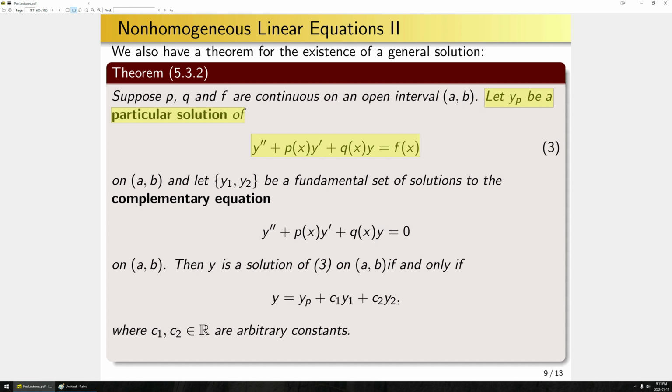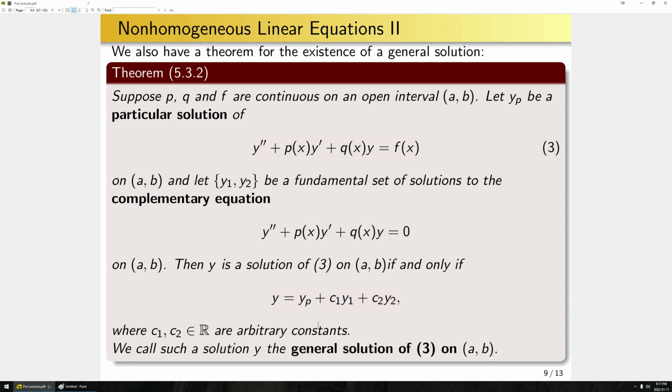Okay, so this solution here actually has a name. We call a solution y with these properties the general solution of 3 on this interval. Note this nomenclature is different than the general solution we talked about for linear first order differential equations.